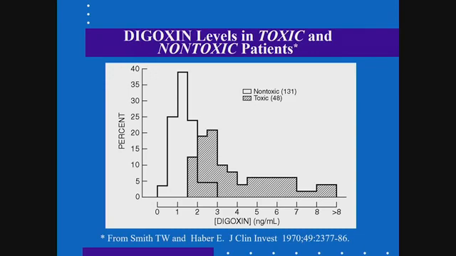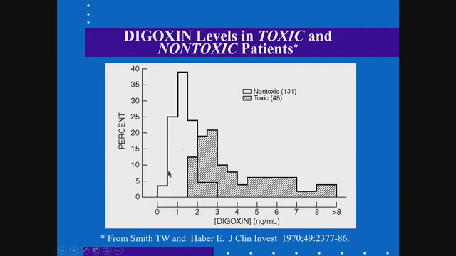And what they saw, looking at a group of patients that were classified as being toxic or non-toxic based on clinical characteristics and electrocardiographic characteristics without knowledge of the resulting digoxin levels.